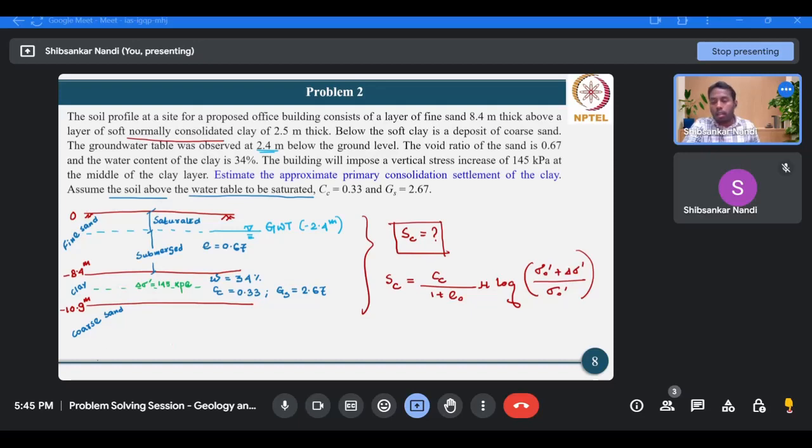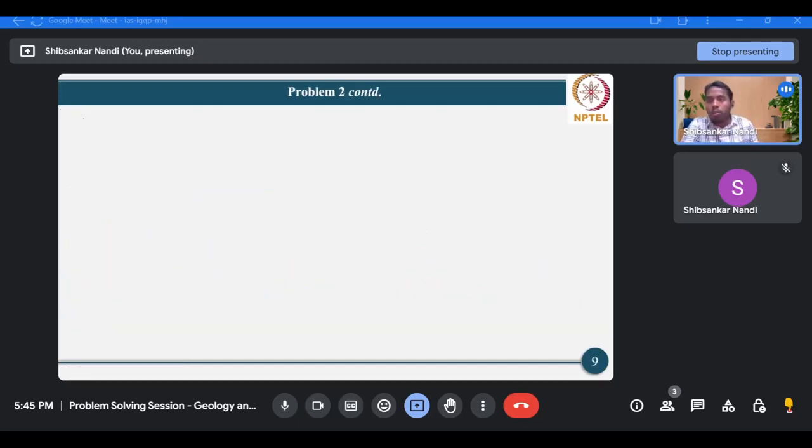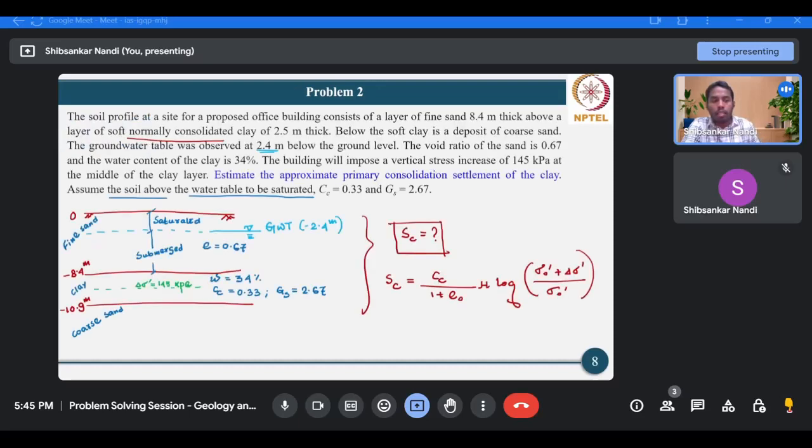Now for this problem, the Cc value is given as 0.33. Then e0 we can calculate from this relationship, as we have seen in the previous problem, w times Gs, and w value is given as 34%.